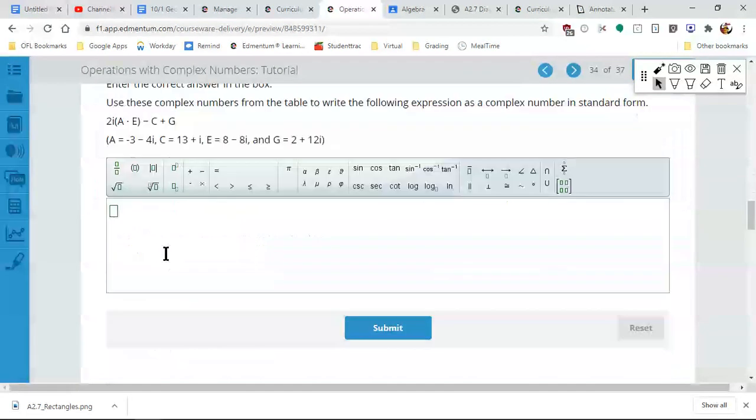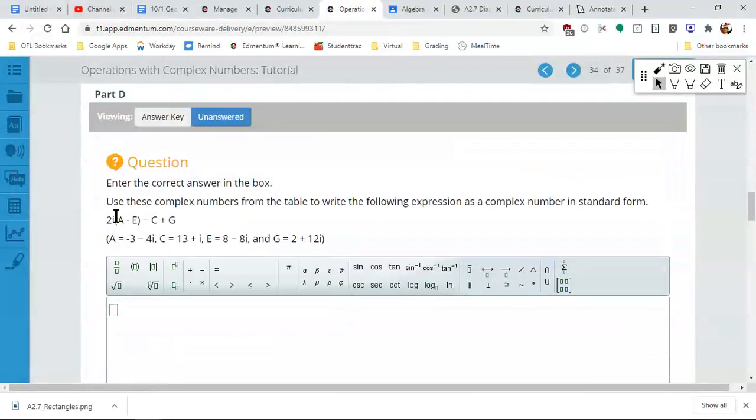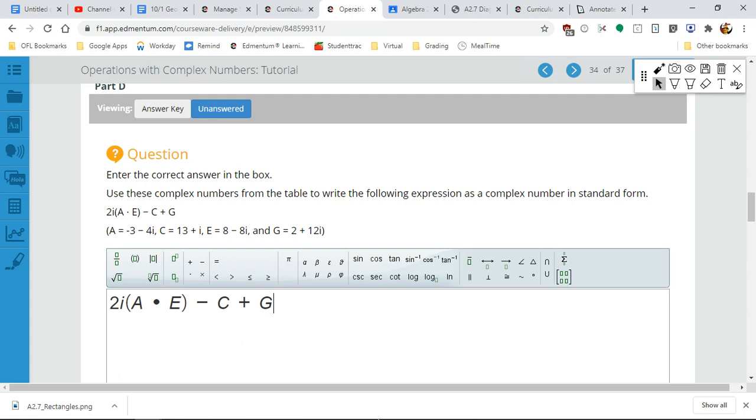All right, so this next one, we're going to have to do some plugging in. Oh, cool, they did the plugging in. They reminded us what it is here. So just to be lazy and get this done faster, I'm going to copy this here and then paste it again.